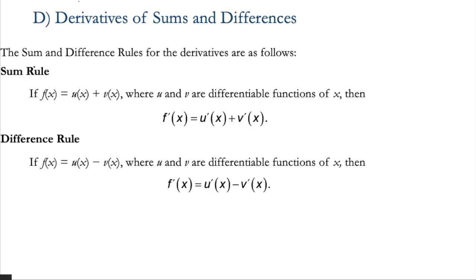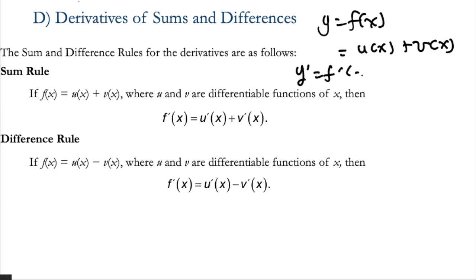If you have y equivalent to f(x), in which inside you have u(x) plus v(x), then y prime, equivalent to f prime x, is basically equivalent to u prime x plus v prime x. That's it.